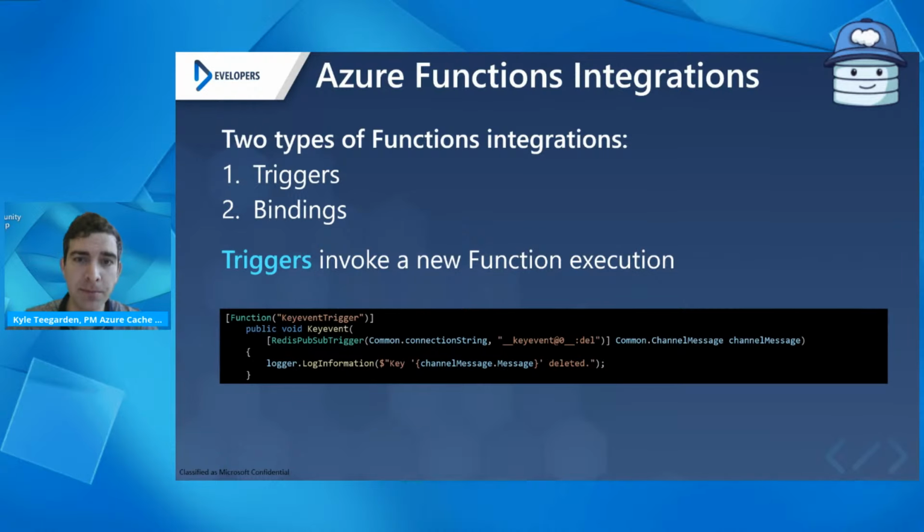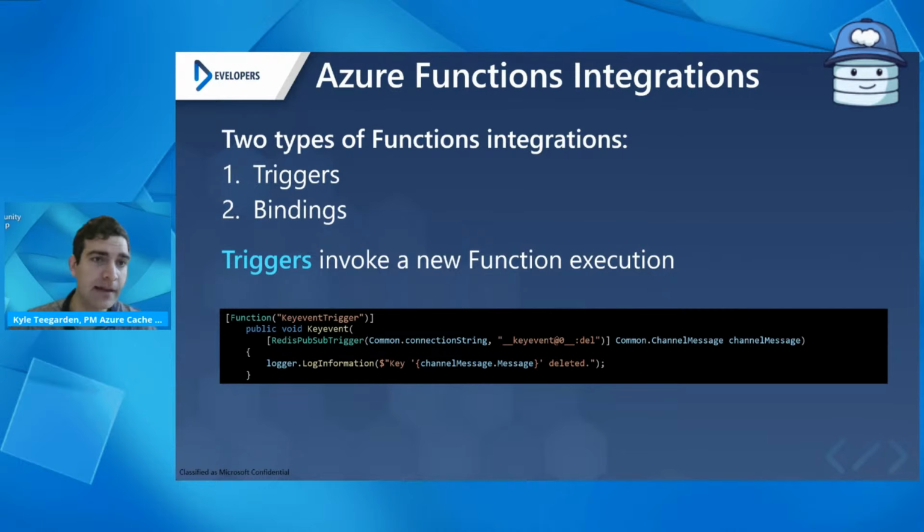And Redis is cool because it has this concept called key space notifications. That means you can trigger a pub sub event. It puts a message out on an internal Redis channel every time certain actions occur on the cache. There's a long list of things that can trigger this, which I'll put on the next slide. This is an example using a delete event.